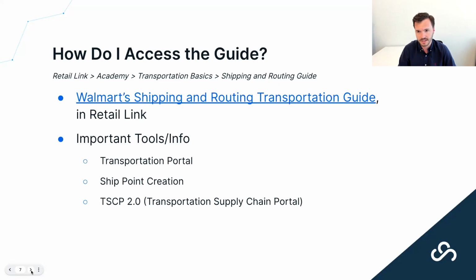But it's a Retail Link resource, just like almost everything else that you can find in the Academy under Transportation Basics. So that's really the route that you'll take to go look for that. As far as I know, it's not a document that they're updating with any kind of regularity yet, not like with the secondary packaging standards, which are updated pretty regularly on a roughly annual or biannual basis.